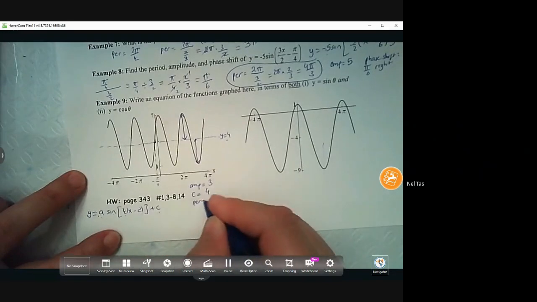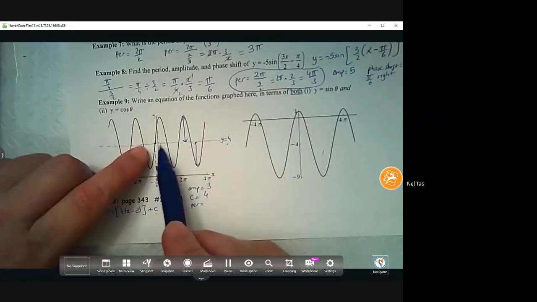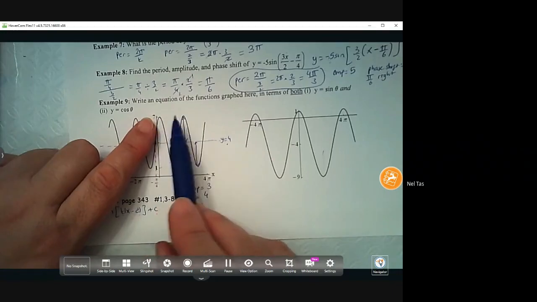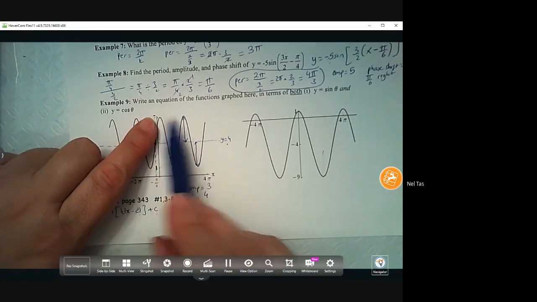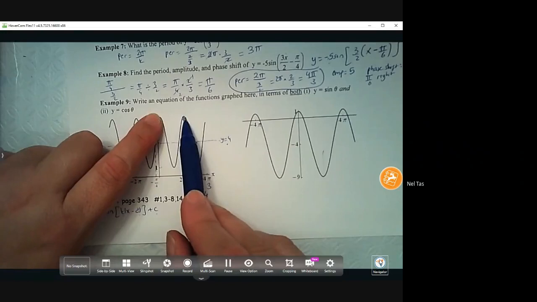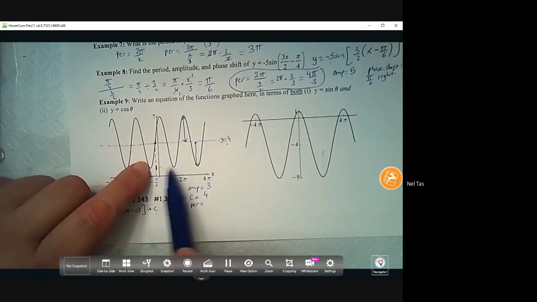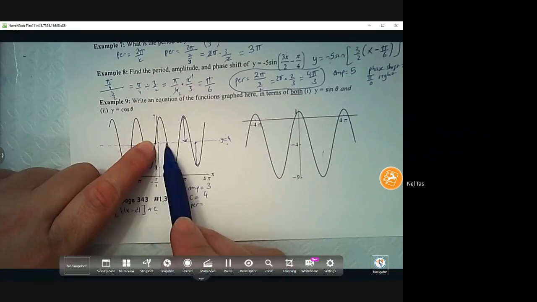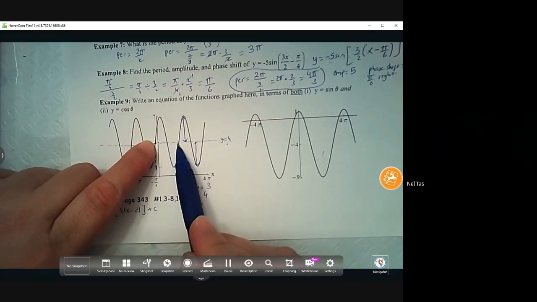When you're calculating the period, that is the horizontal distance for one cycle. You can go from maximum to maximum, that would be one period, or from minimum to minimum, that would be one period, or if you want to go from 0 to 0, you start from here, but you need to go to the second 0 to get the horizontal distance for one cycle.